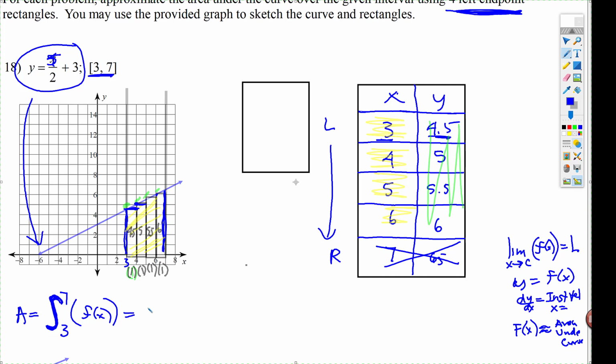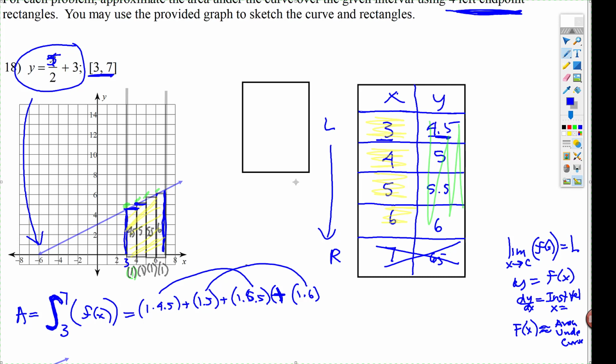And what it equals is, so the first rectangle is 1 times 4.5. The second rectangle is 1 times 5, then 1 times 5.5, and then plus 1 times 6. So let's see. 4.5 and 5.5 is 10. 6 and 5 is 11.